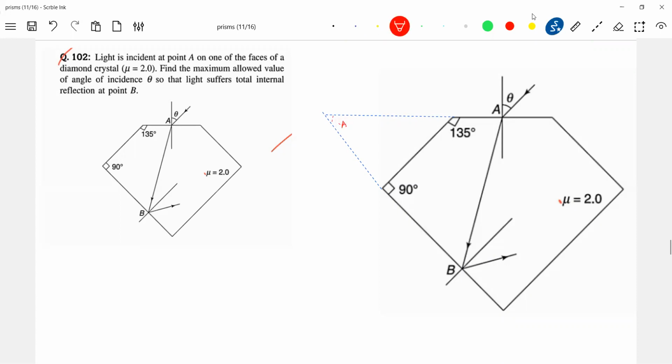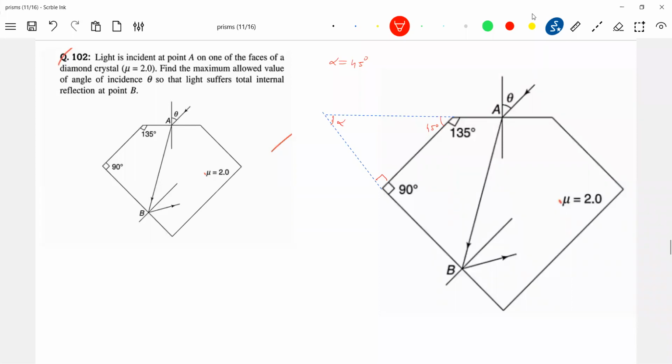Anybody can do it if you can do this imagination. This should be the angle, how much? This is 90. This is 45. So what should be the angle of prism? I'll write alpha because A we have here, no? So what is alpha? Therefore alpha should be 45 degrees.